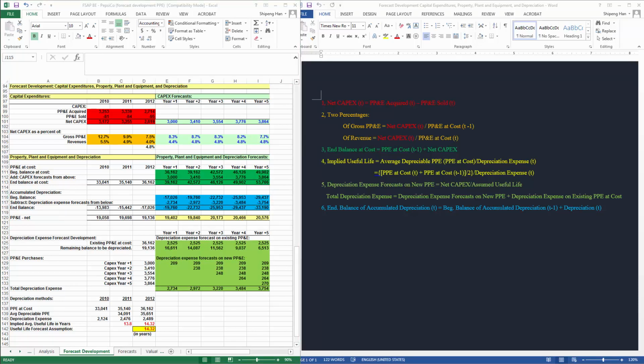To forecast the depreciation expense, we simply use a linear depreciation. We know the formula is here, like number 5. Depreciation expense equals what?